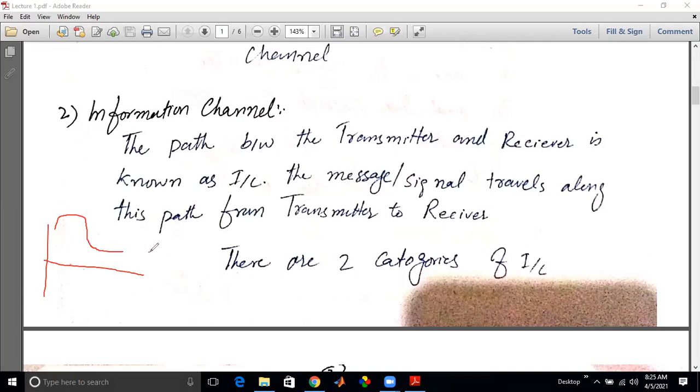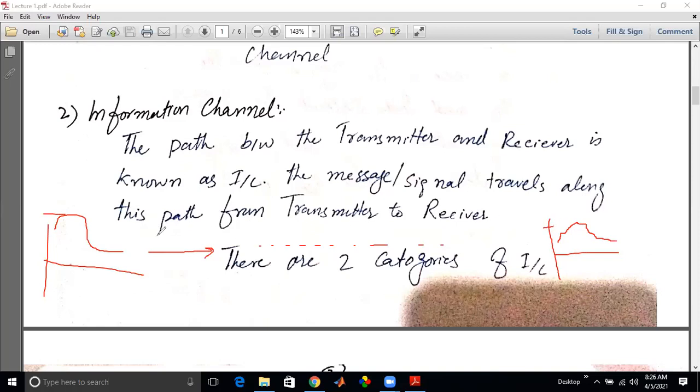When we transmit this signal, it will cover this distance. After covering this distance, maybe its shape becomes like this, and this was the energy level, and now this is the energy level.